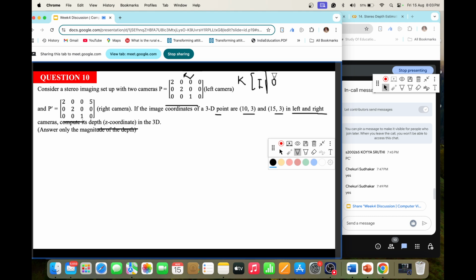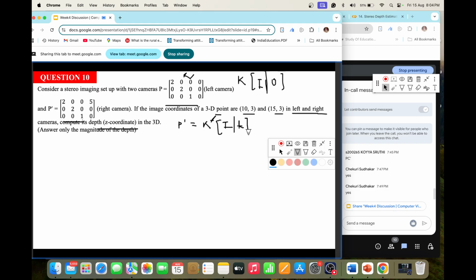This is of the form K I0, and P dash is of the form K dash. This is K dash, and this is I only, because there is no rotation but pure translation, I t.